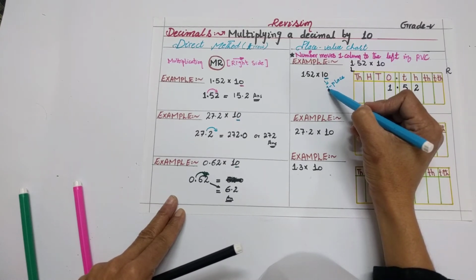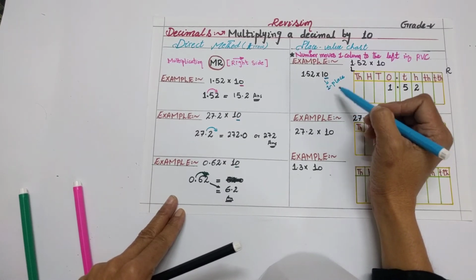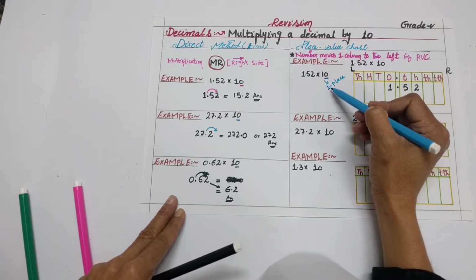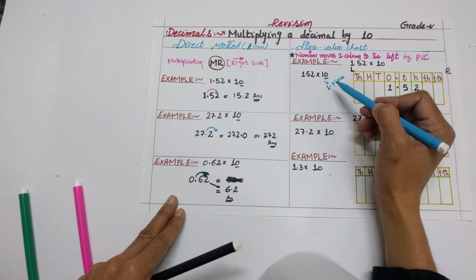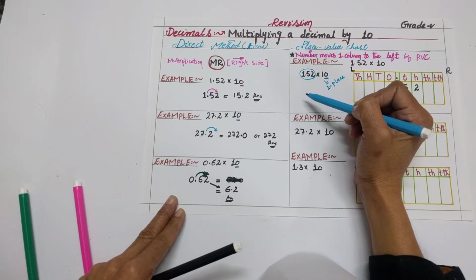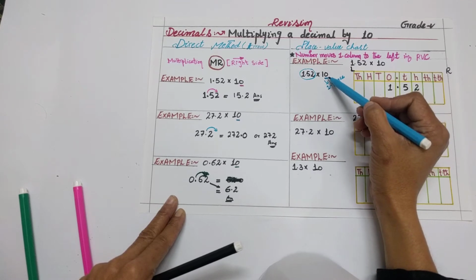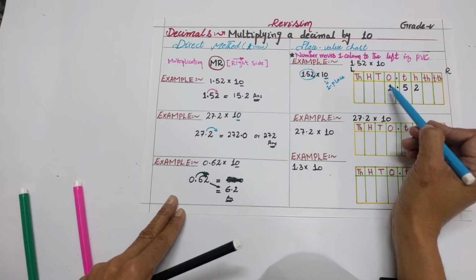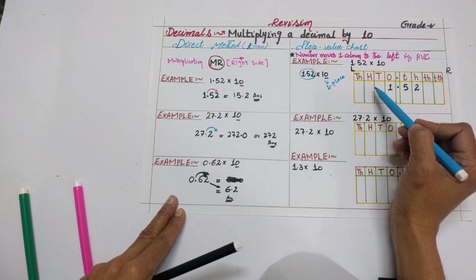Each digit will move to the left by 1 place.